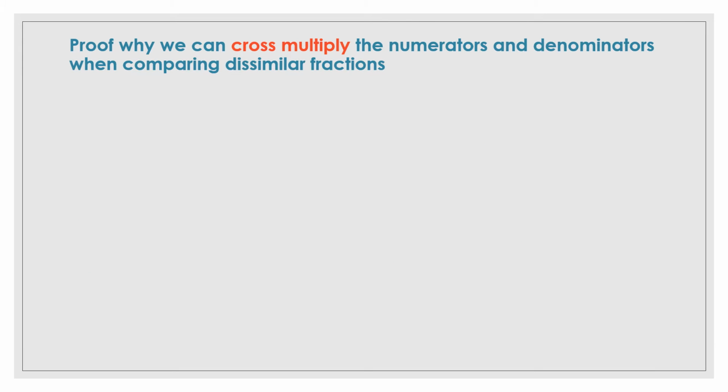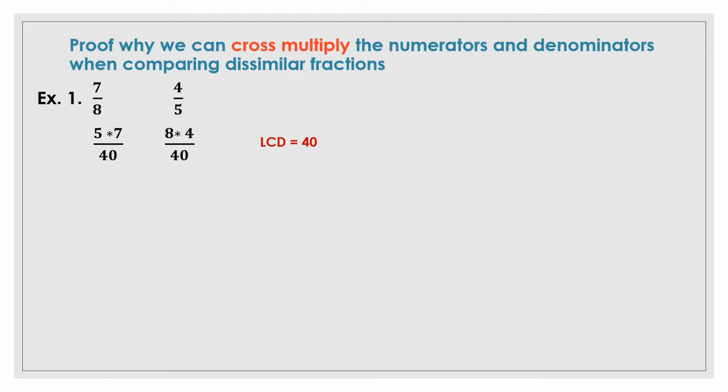Alamin naman natin ang proof kung bakit pwede tayo mag-cross multiply ng numerators and denominators para makumpara natin ang dalawang dissimilar fractions. So, we have number 1, 7/8 at saka 4/5. So, we get the LCD which is 40. So, wala ditong common na factor dito sa 8 and 5.